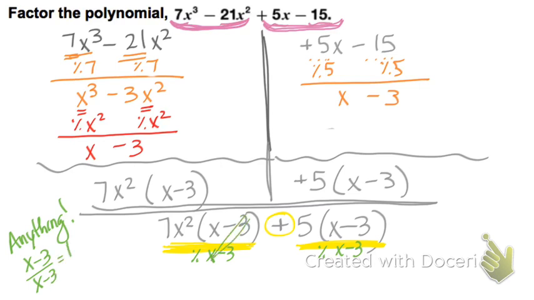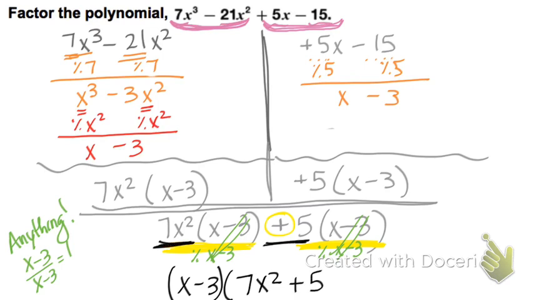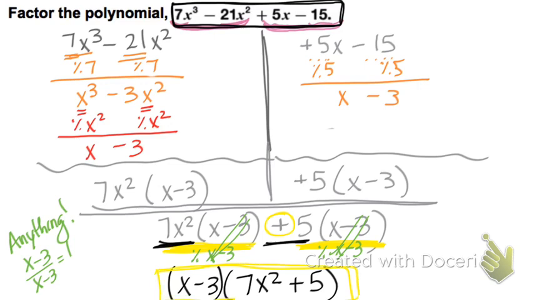So this cancels out and this cancels out. So we factored out an x minus 3 and we're left with 7x squared plus 5. So this was our original polynomial, and what we've done is change it to this multiplication problem. We've changed it to groupings of factors.